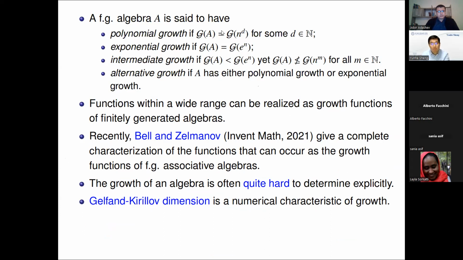finitely generated algebra A is said to have polynomial growth if the growth of A is equal to the growth of some polynomial n to the d; exponential growth if the growth of A is the same as the growth of this exponential function e to the power n; and intermediate growth if the growth of A is less than the exponential growth, but not less than any polynomial growth.